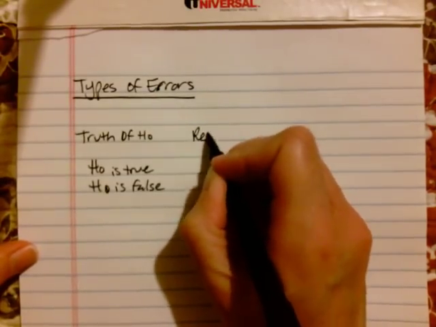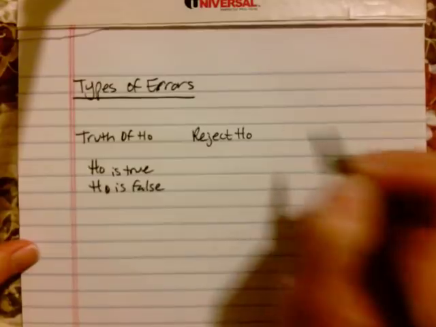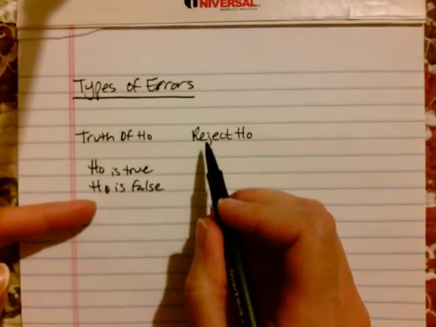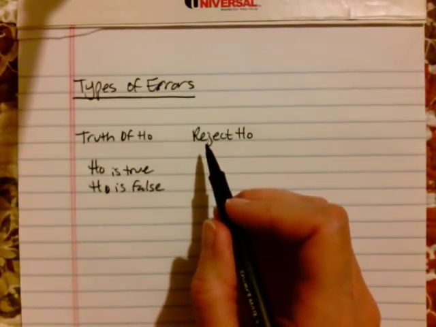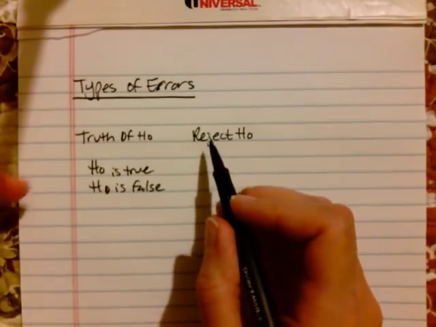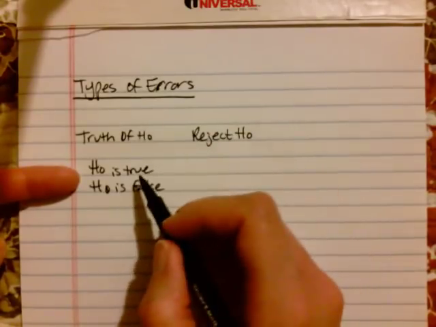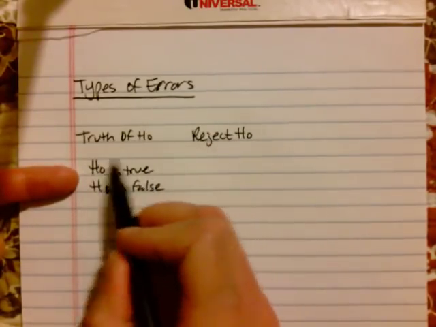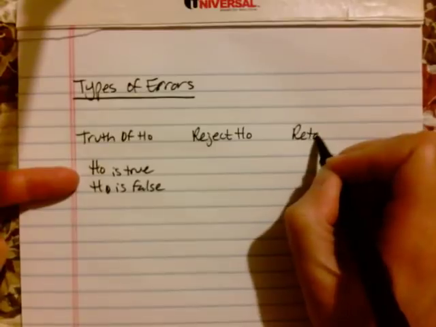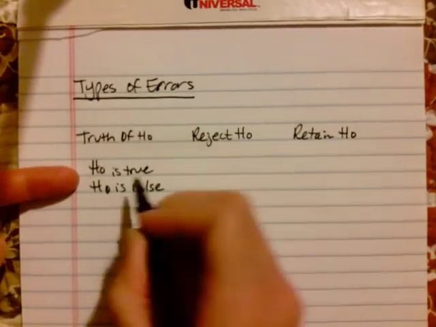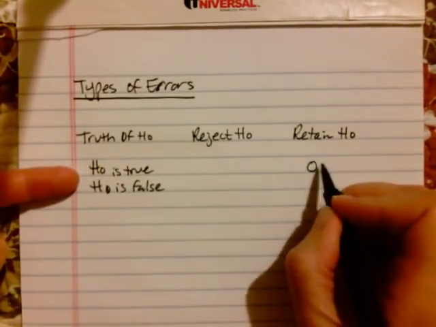If we reject the null and the null is true, we've made a bad decision. Right? If the null is true, we would want to keep it. So if the null is true and we keep it, that's okay.